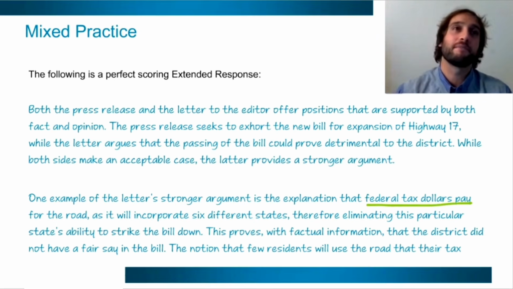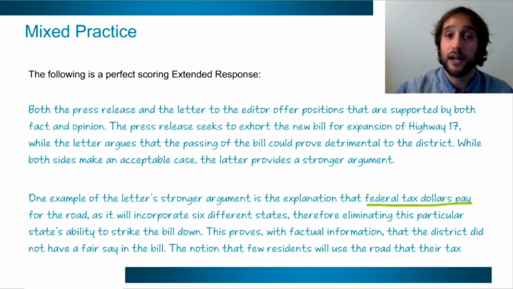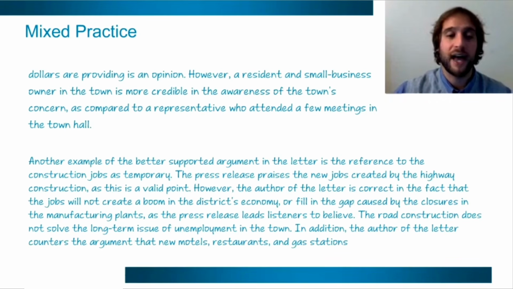So maybe I would start with the highway being bypassed, like bypassing the cities, and that they may not come into town, right? But that's okay. We could potentially differ depending on how we would structure our essay in terms of what's the strongest point. But here we start with federal tax dollars. In a second, we'll talk about how we support that idea.